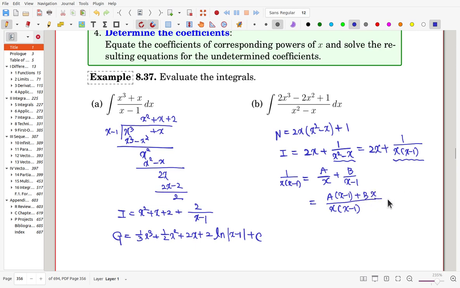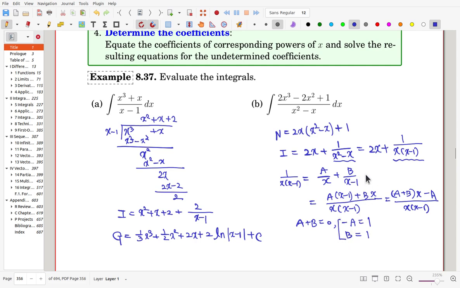So the coefficient of x is A plus B, and the constant term is minus A, right? The same denominator, and there must be 1 on top. That means A plus B must be 0 and minus A must be 1, which means B is 1.